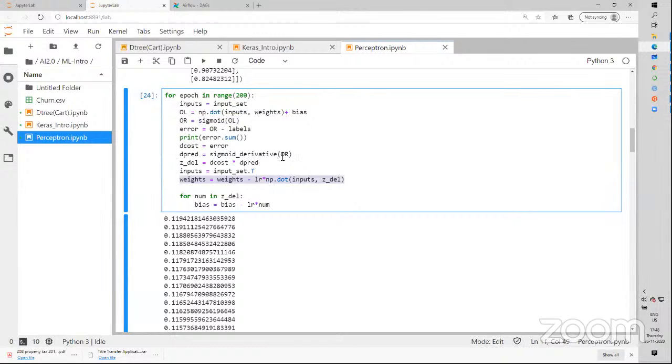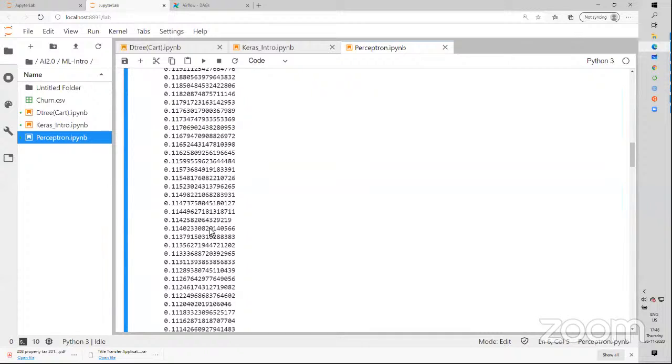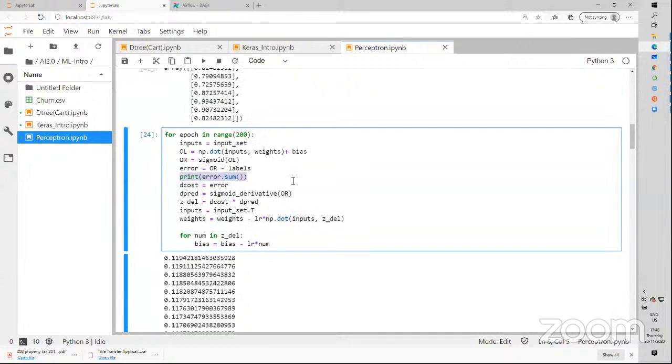So we are computing the derivatives and we are updating the weights. And when we run this in a loop, one iteration by one iteration, our error would start to decrease. That is why after every forward prop, I am printing the error so that we can notice how our error is decreasing.